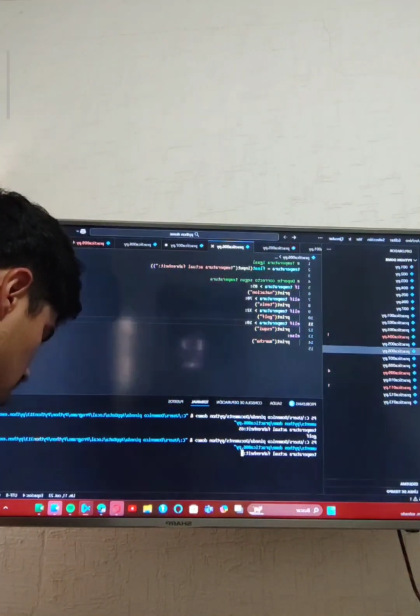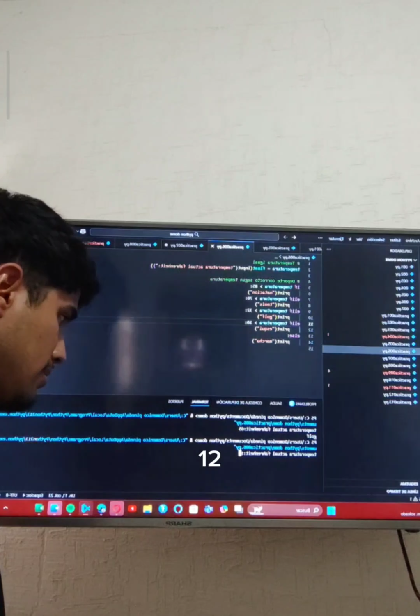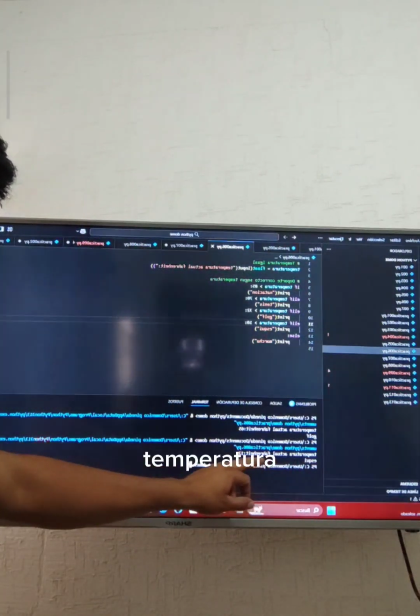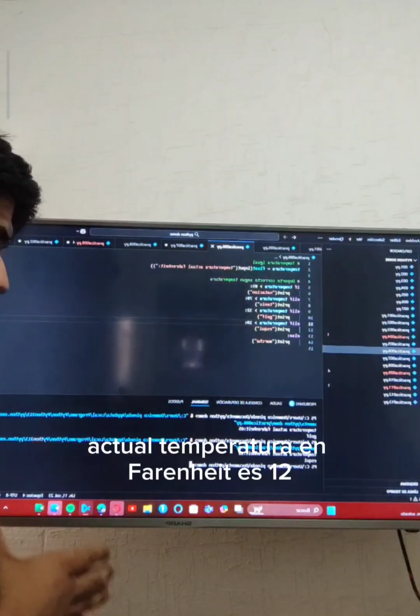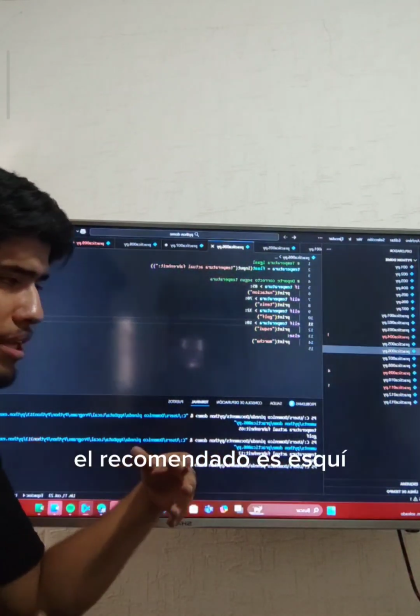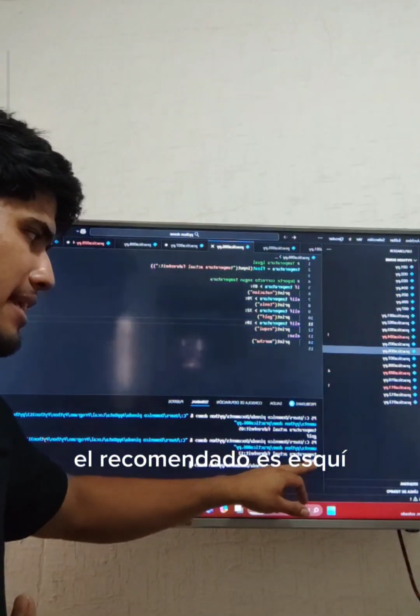Actual temperature in Fahrenheit is 12. The recommended sport is ski.